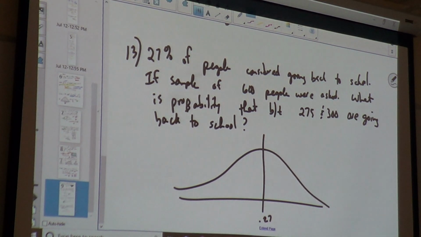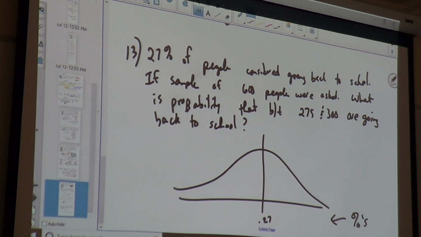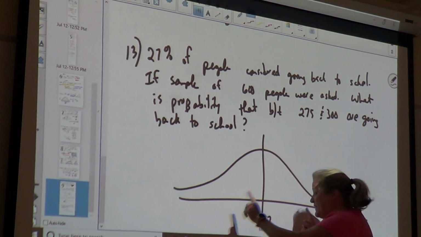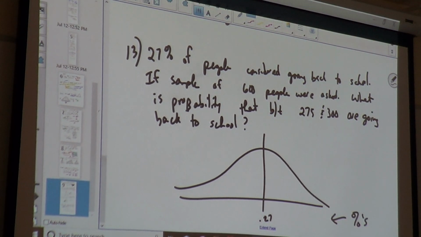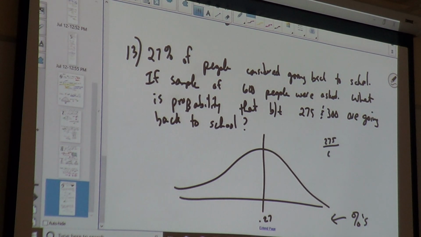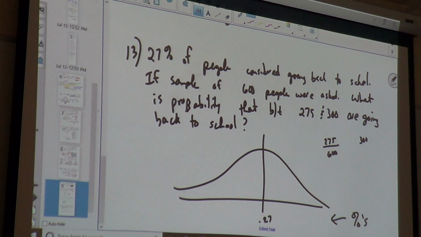Percentages. So all the numbers down here have to be percents. So can we put 275 and 300? No. How am I going to get my numbers down there? 275 over, how many people did I ask? 600.